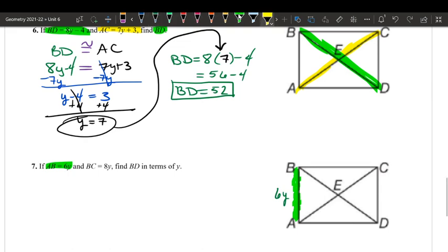And then it says BC is 8y. So B to C, and that is 8y.